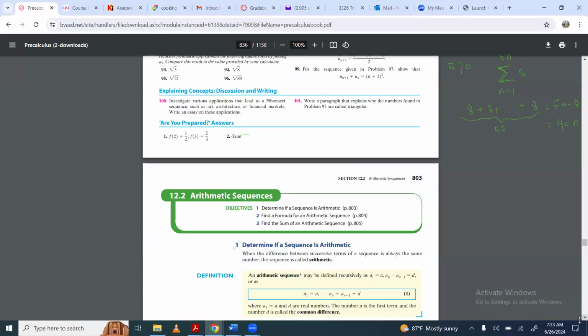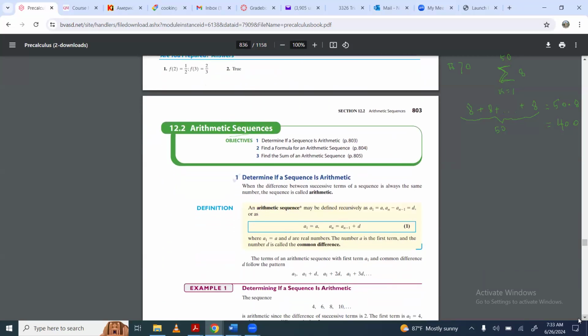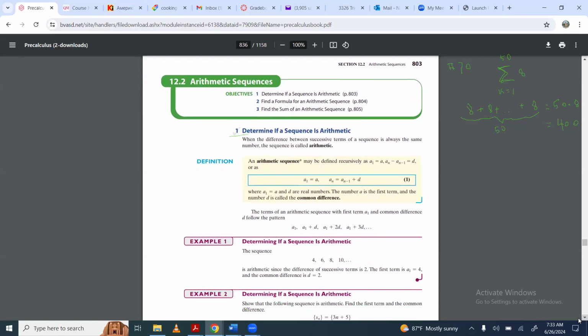So I'm going to take a look at sequences that have some special pattern. For example, if I look at example 1 here, I notice that if you move by 2, if you add 2, you will get 6.